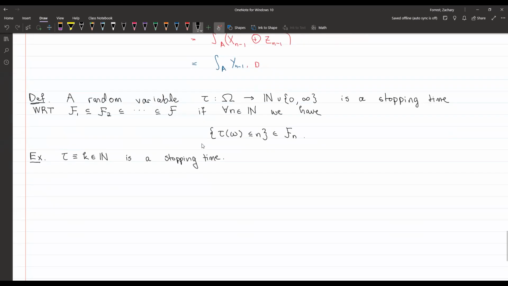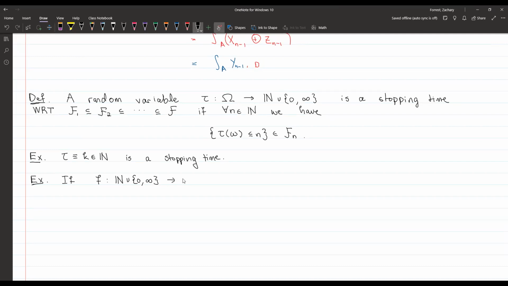A slightly less obvious example of a stopping time, and one that I actually will talk about really briefly, I won't do the full thing, is if f maps the natural numbers back into the natural numbers. Actually, I should go ahead and say natural numbers union 0, just to be completely on the up and up here.